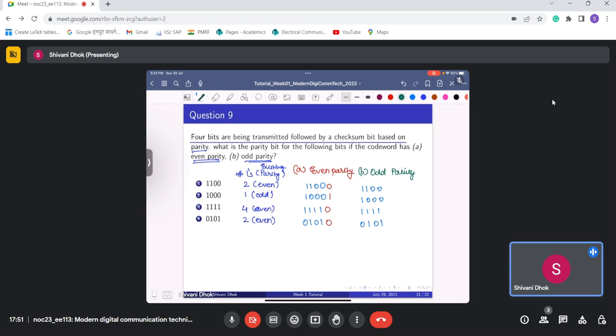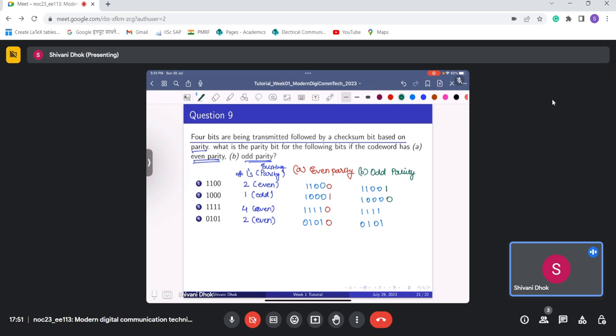The first bit stream that we have is 1100. It has two ones, meaning the existing parity is even, and in order to make it odd we need to add 1 here. Similarly for the second bit stream 1000, the existing parity itself is odd, so we don't need to add an additional 1, we just append 0.